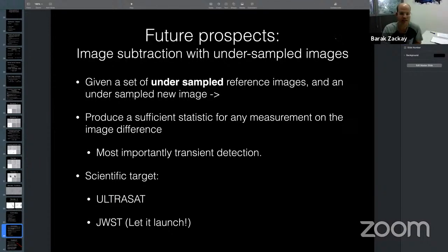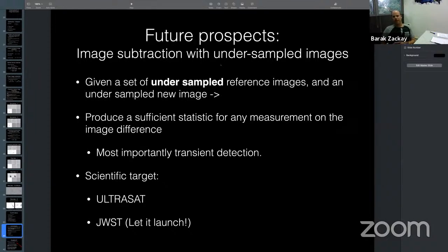Yes, so basically it's almost the last slide, so I'll just say it, and then the next slide is questions, and we can have many more. So the future prospects of image subtraction: here I don't need to convince anybody, it's already in the community. And really the frontier in image subtraction now is what you are going to do with undersampled images.